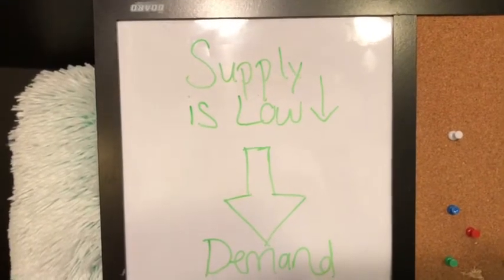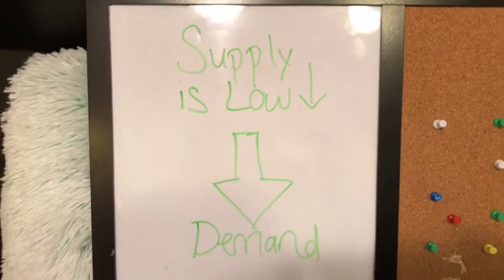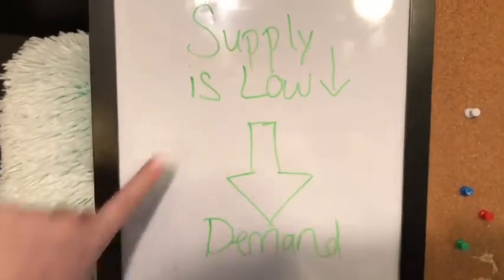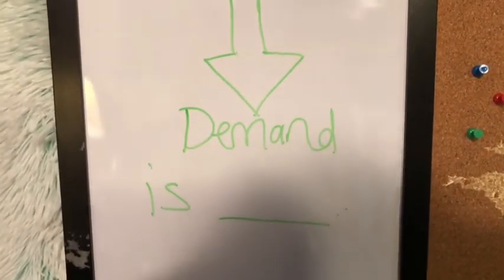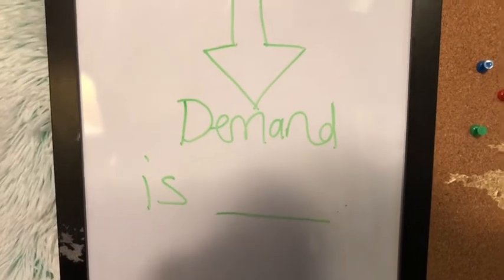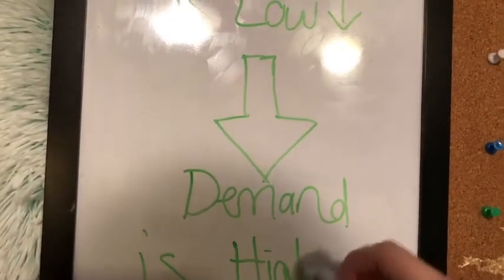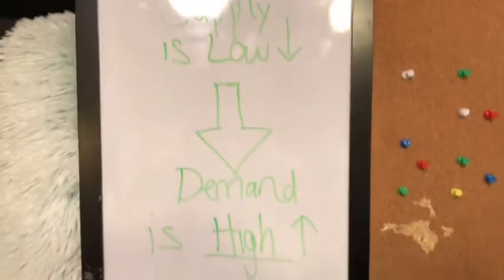Like right now, there's not a lot of toilet paper available out there for us to buy as consumers. So that means that demand is, I'll give you a few seconds, high. Right. So supply is low, demand is high.